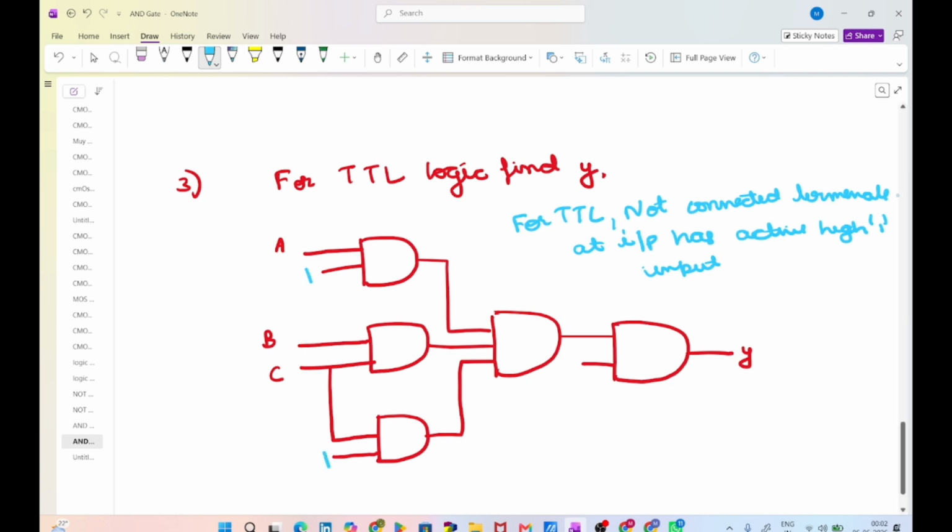Here we need to give it as 1, here 1, and here 1. Here we know that the output is A, here the output is B dot C, and here the output is C. Then it passes to the AND gate. The output becomes A dot B dot C. Here Y is equal to A dot B dot C.